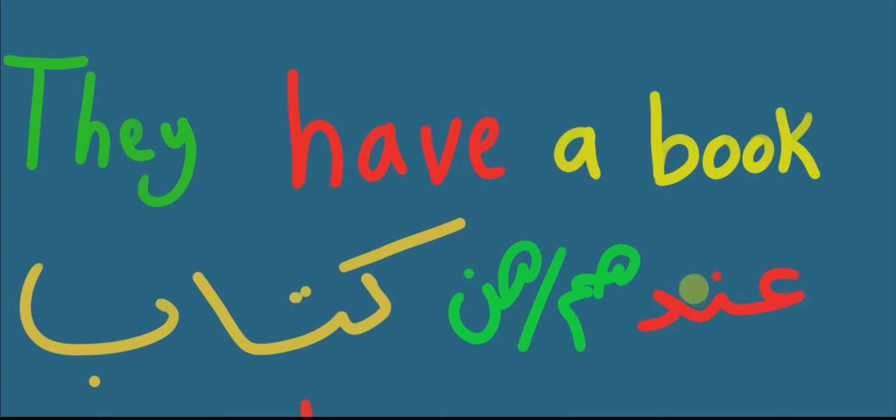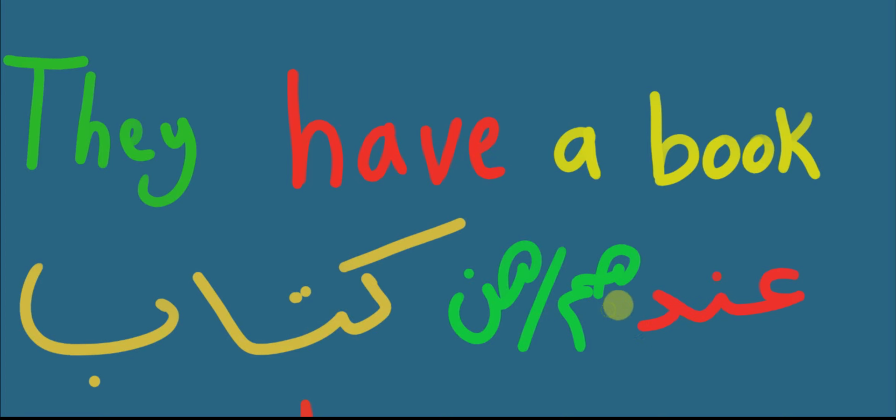So if you say عندهم كتاب, you are saying that a group of boys or men, or if it's something inanimate, it should either be masculine or feminine. If it has a masculine name, so عندهم, then you put the object there. In this case, you're saying a group of boys or men have a book.